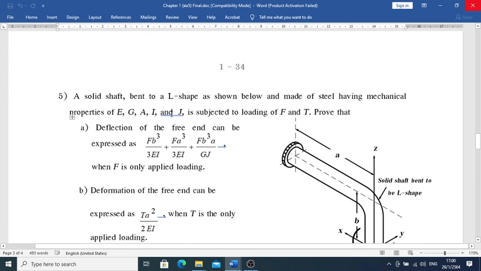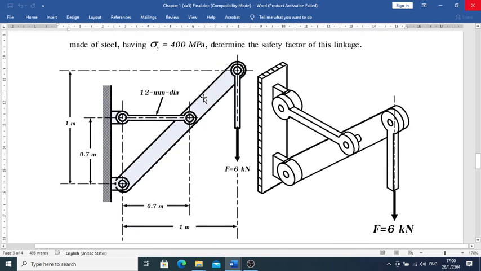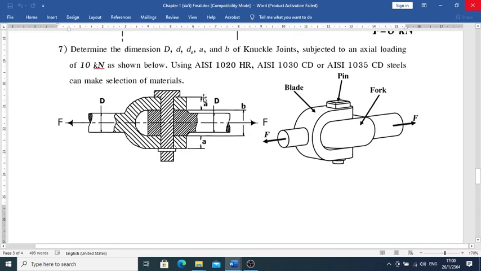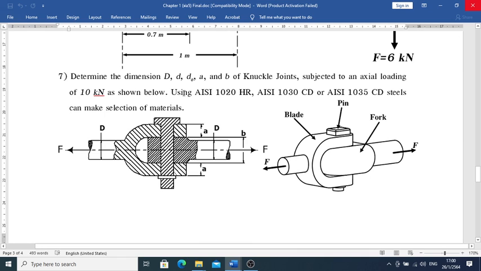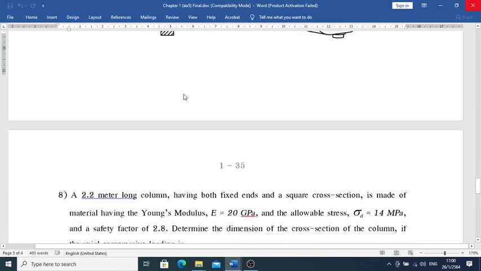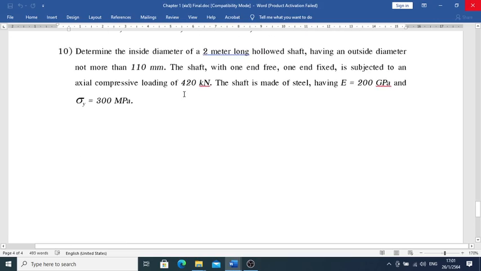Number five, please just do it and submit to me as homework. And number seven, please. Five and seven are the assignment. Just submit them to me as homework, everybody, please.